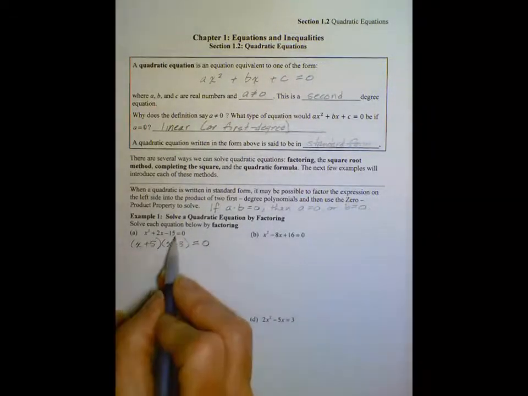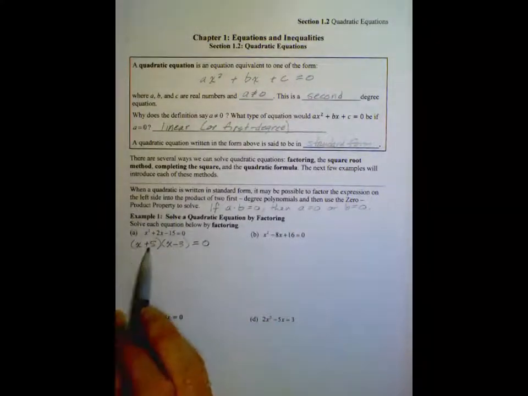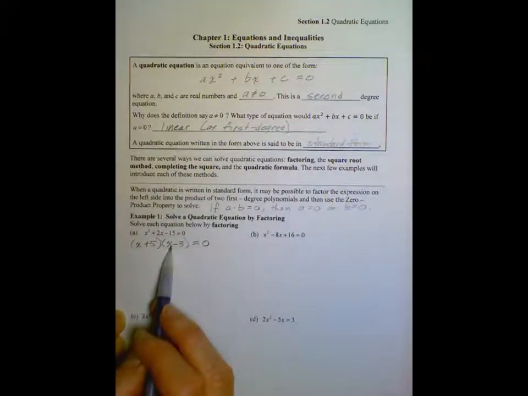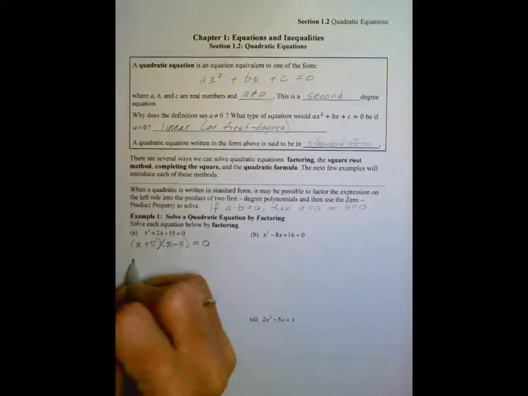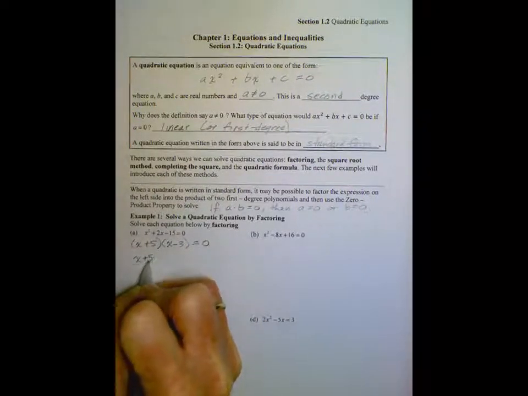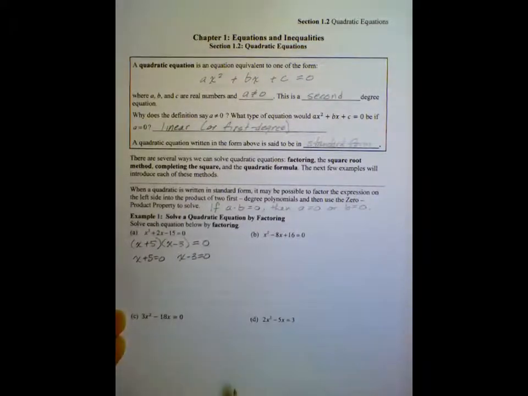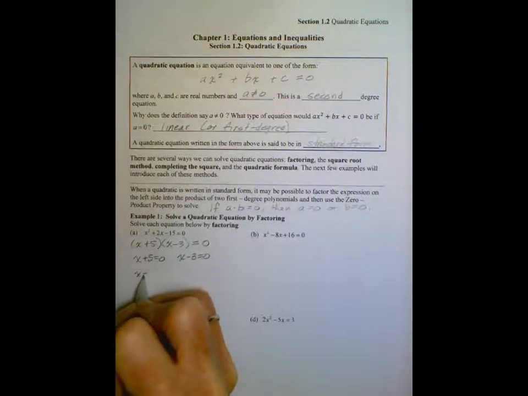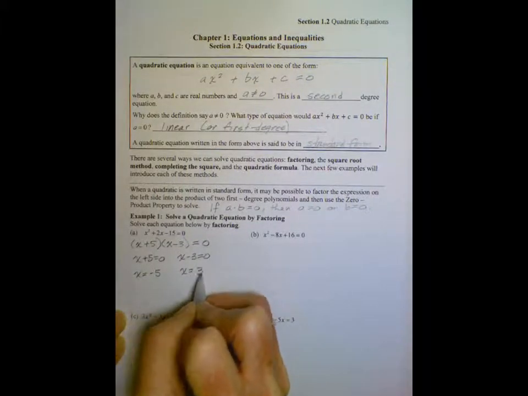It was in standard form to begin with, so we're going to factor the left side into the product of two first-degree polynomials, and now we'll say if a times b equals 0, then either a equals 0 or b equals 0, and we'll solve these two. Minus 5 on both sides, x equals negative 5, plus 3 on both sides, x equals 3.